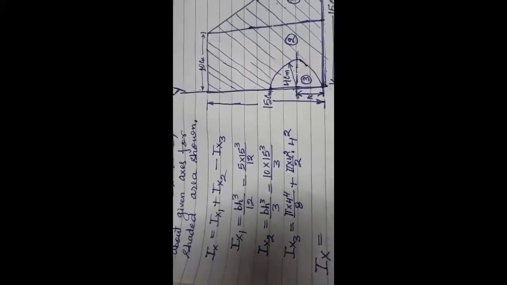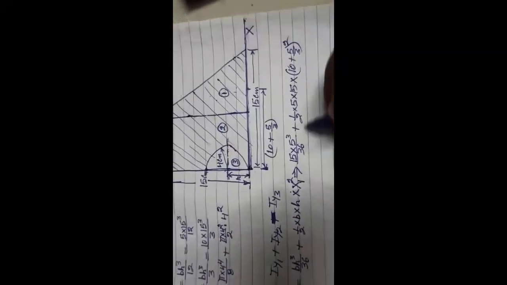For the triangle, the base is 15 and the height is 5. So this is equal to 15 into 5 cubed divided by 36, plus half into 5 into 15 multiplied by 10 plus 5 by 3 whole square.